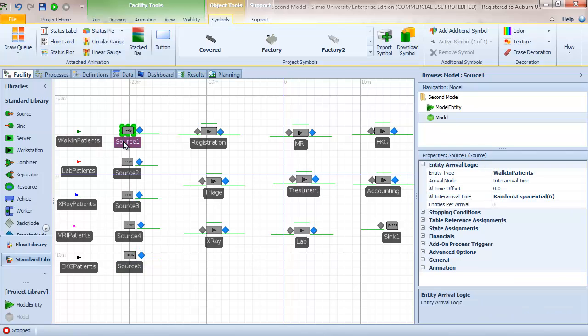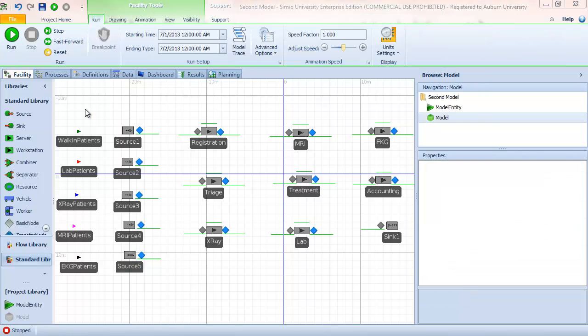So walk-in patients 6 minutes, 10 per hour; lab patients 3 minutes, 20 per hour; X-ray patients 12 minutes, 5 per hour; MRI patients 10 minutes, 6 per hour; and finally EKG patients 30 minutes, corresponding to a rate of 2 per hour.